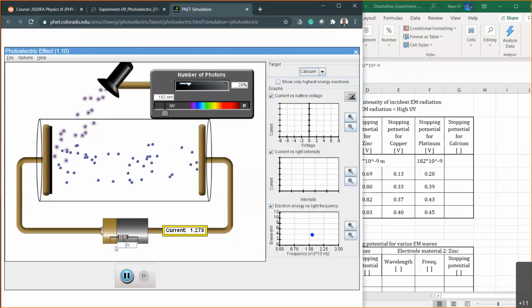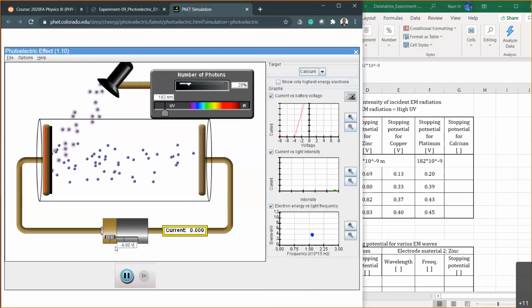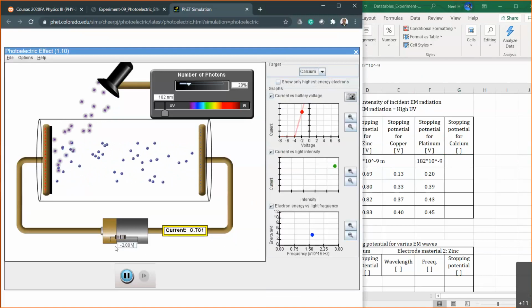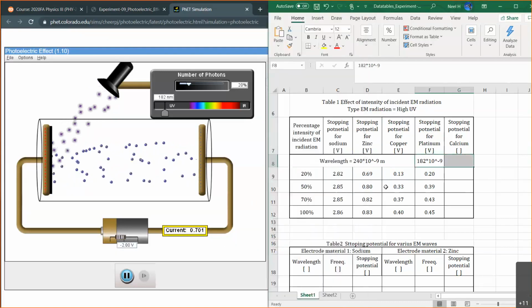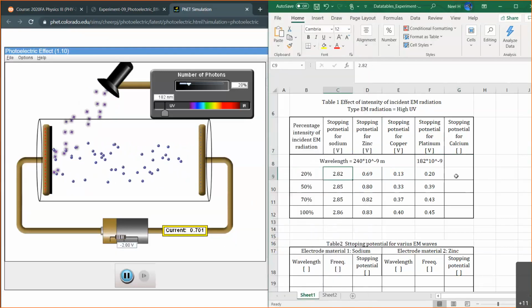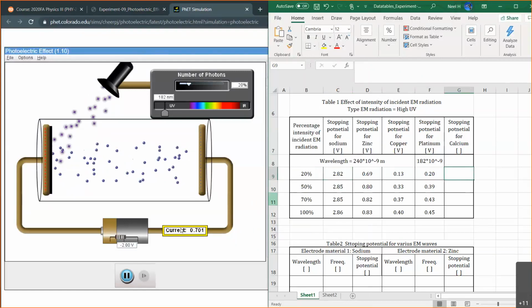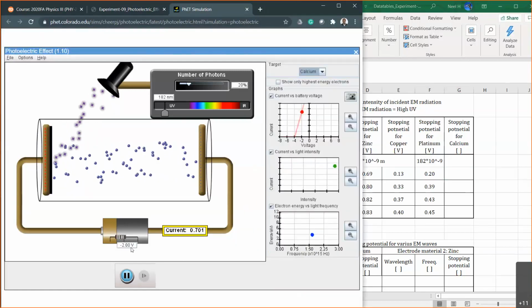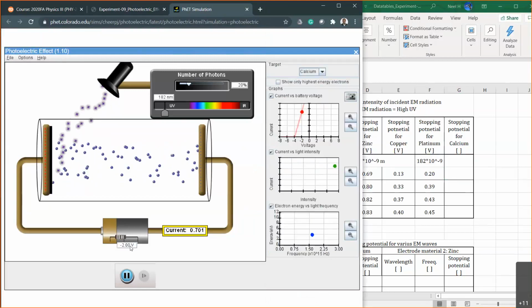So let's try to stop this one. Try with a large reverse potential, 8, too high, maybe 7, too high, 6, too high, 5, still too high, 4, 2, yeah. So for the sodium, it was like 2.82, right? The calcium is in the same column, so it should behave about the same. But the wavelength is slightly different.